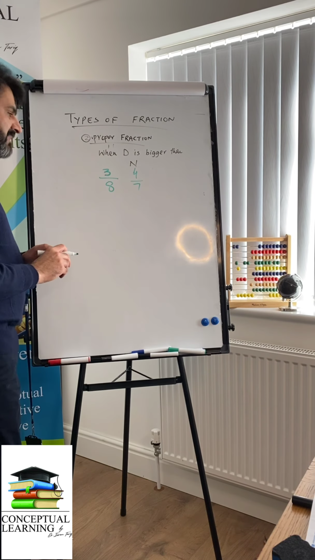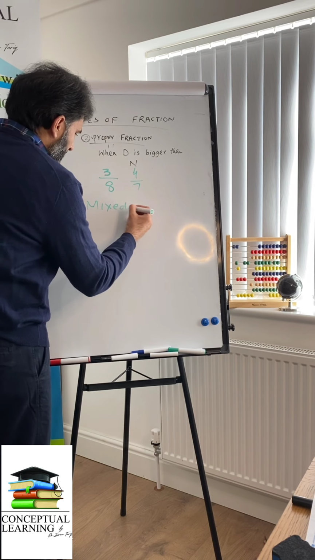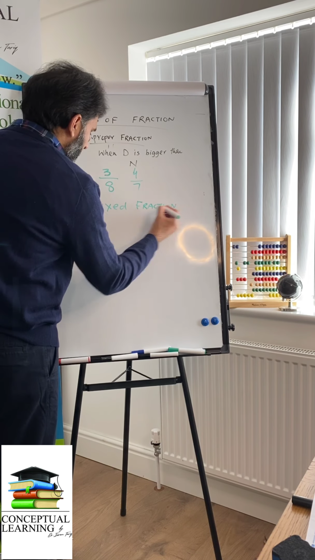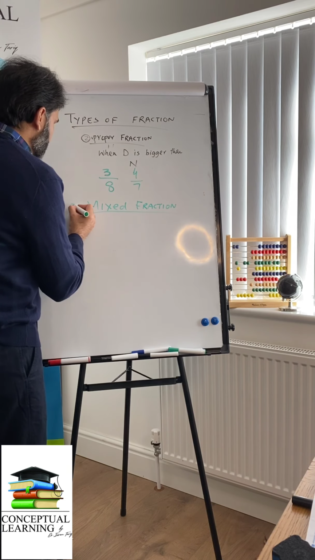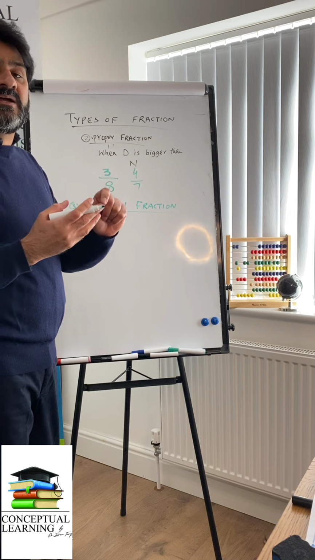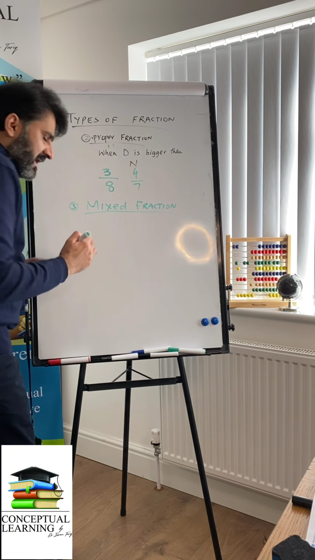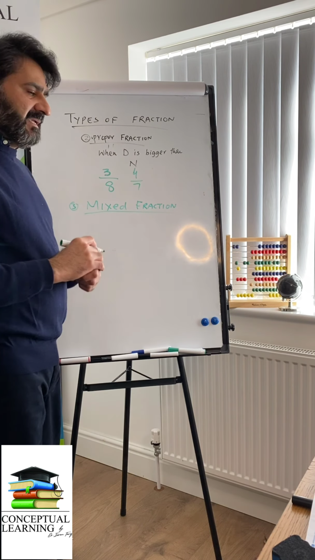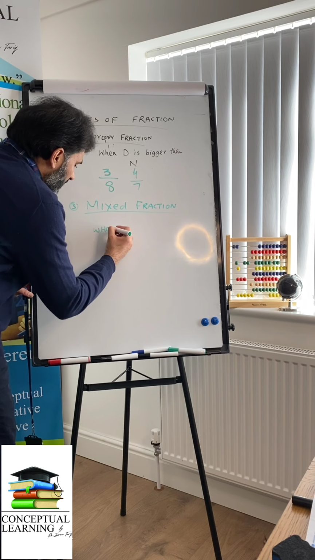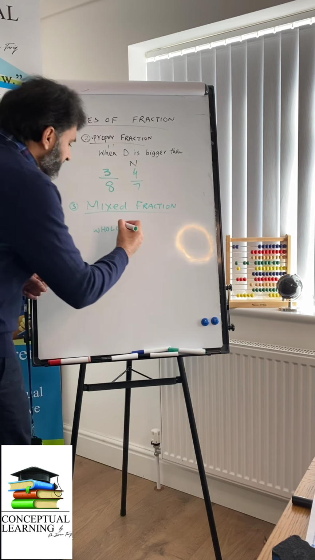Now we can go towards mixed fractions. This is the third type. The first one is proper, second is improper, third is mixed fractions. A mixed fraction is when we have three things. The first thing is the whole, which is a combination of whole. Another term for whole is answer.